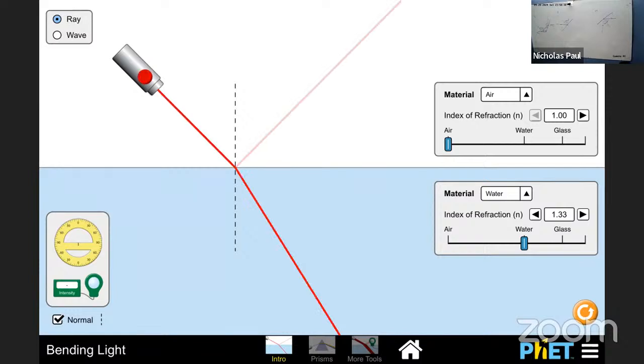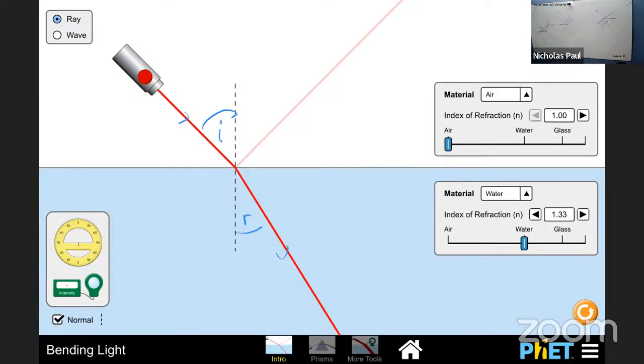See that there? Ignore the weakly refracted ray, right? We're not studying that at this level. We're focusing on the dark red ray. What you will notice is that you have your angle of incidence, and your angle of refraction is much smaller.